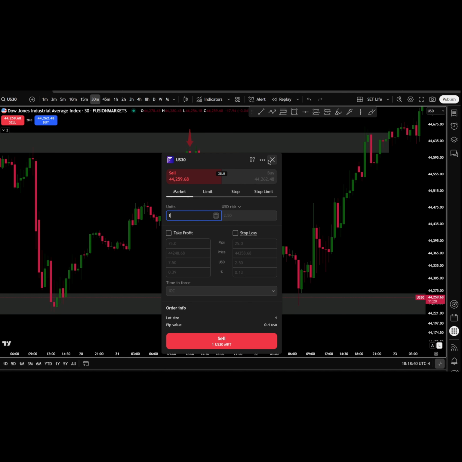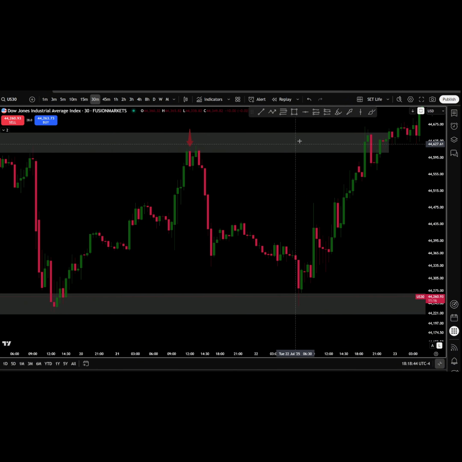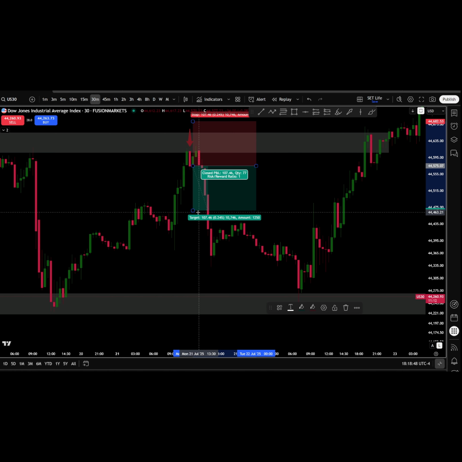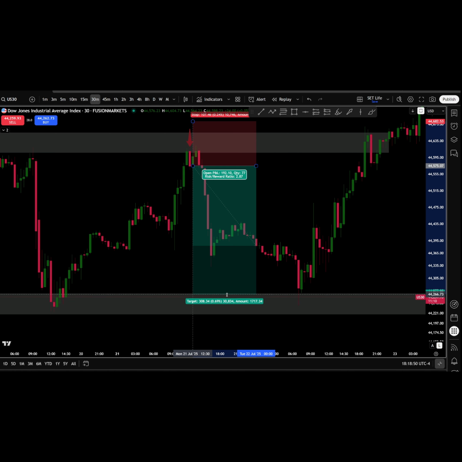The amount of units we will be calculating according to how much money you have put. And we will take a sell position just at the close of this red candle. You can place your profit at the support with the stop loss just above the resistance.